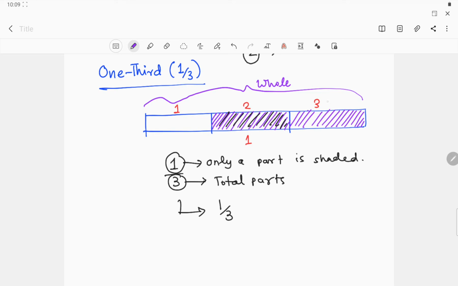So what about your fraction? The fraction will be 2/3, because only two portions are shaded out of 3 equal parts. So this is also a fraction, right? They are called fractions.